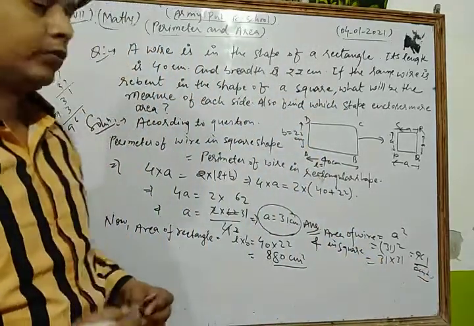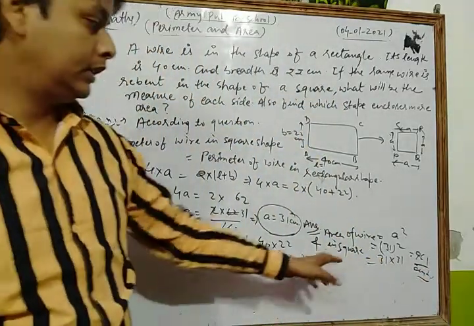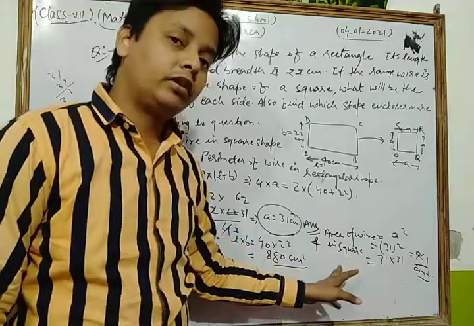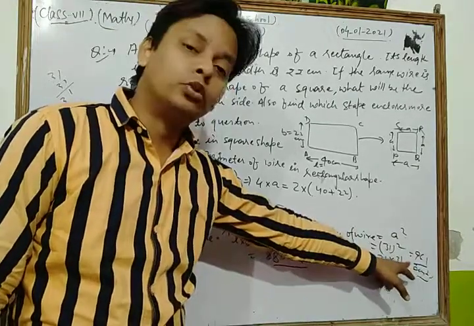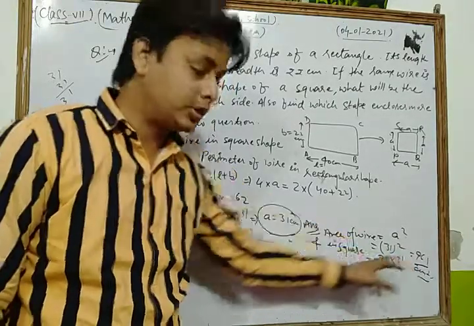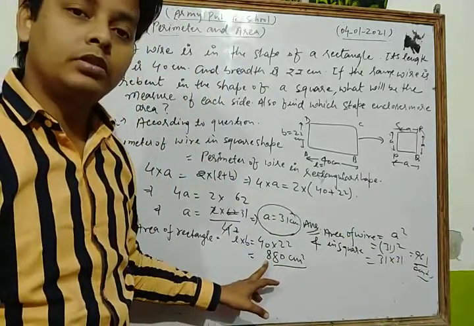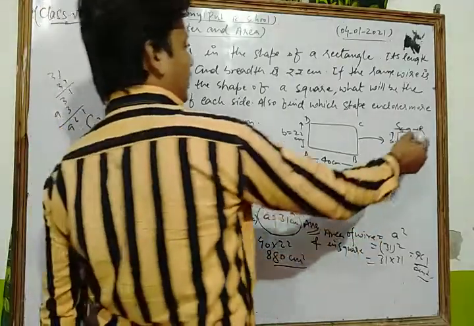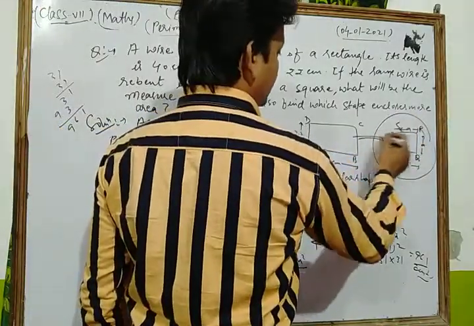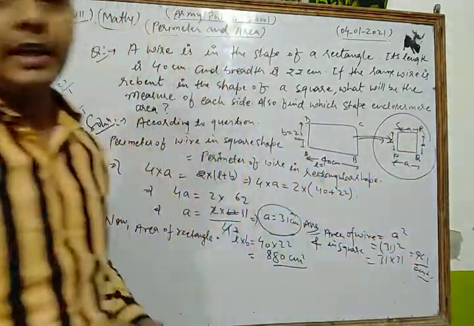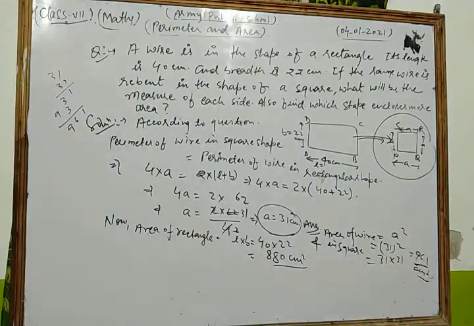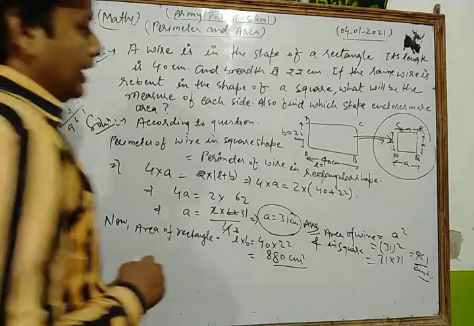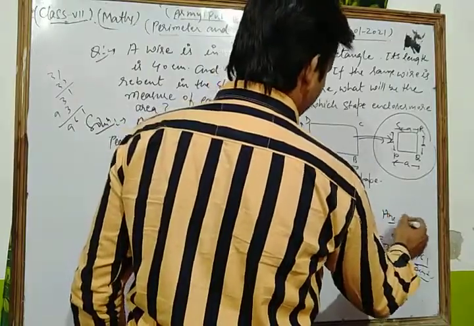In this way, we observe that the area of the wire in square shape has more area. This is 961, and this is only 880. So we can say that the square shape of wire has more area. This is our required solution of the given question.